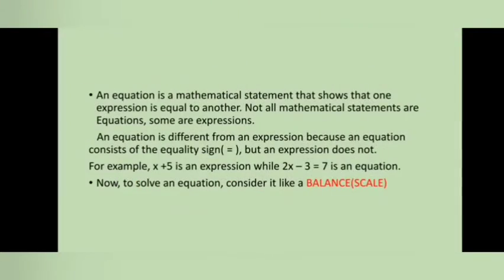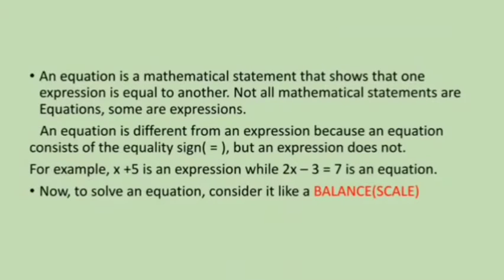First and foremost, let us see what an equation is. An equation is a mathematical statement that shows that one expression is equal to another. Note, not all mathematical statements are equations, some are expressions. An equation is different from an expression because an equation consists of the equal sign, but an expression does not.